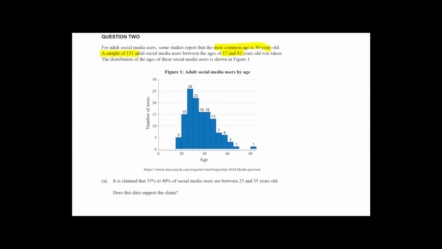So between 25 and 35, but then here's 25 there and there's 35 there. So it would be those two pillars there. So 26 plus 22 out of, it's given as 131. Is that between 35 and 40%? It is a question.